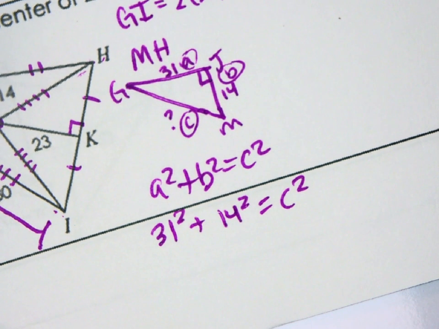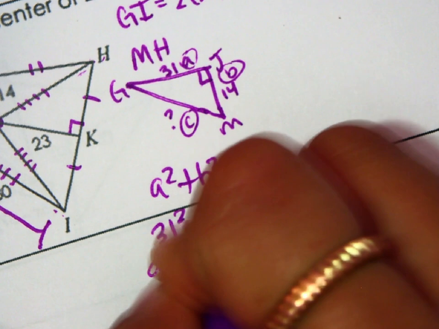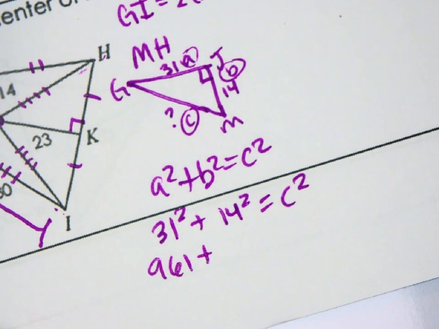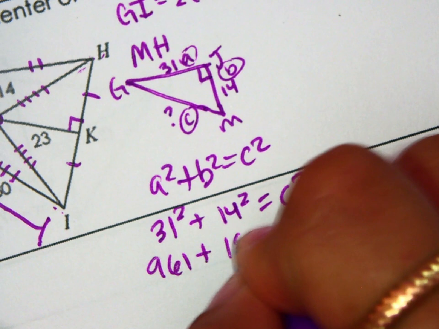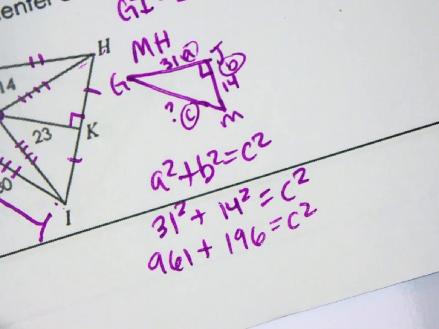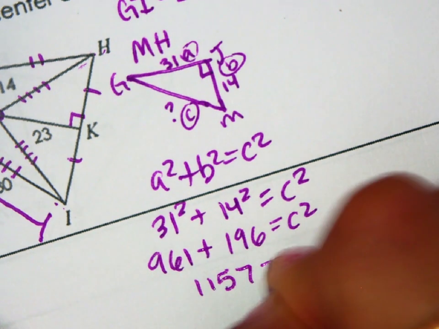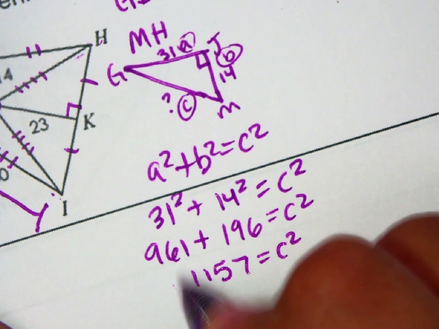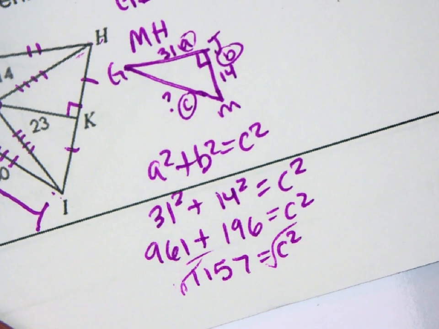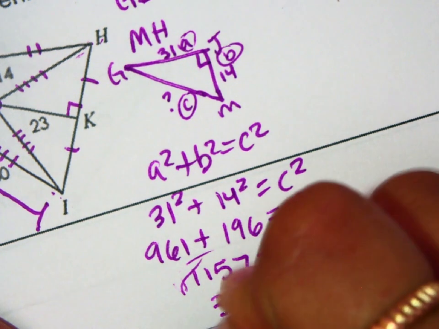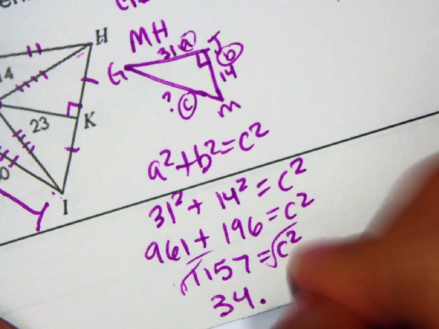Let me see. Calculator. 31 squared is 961. 14 squared is 196. We're going to add those two, and it gives you 1,157. Now we're going to take the square root of 1,157, and you get 34.01.